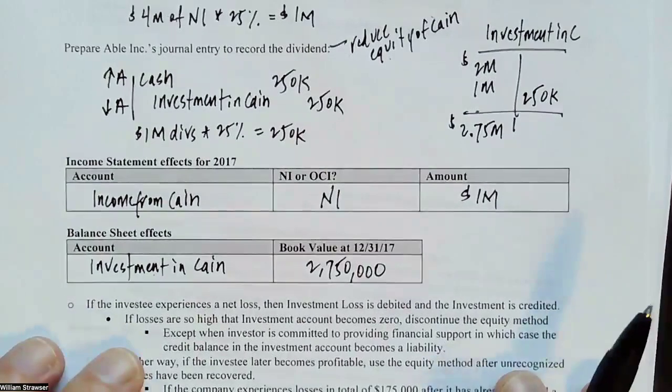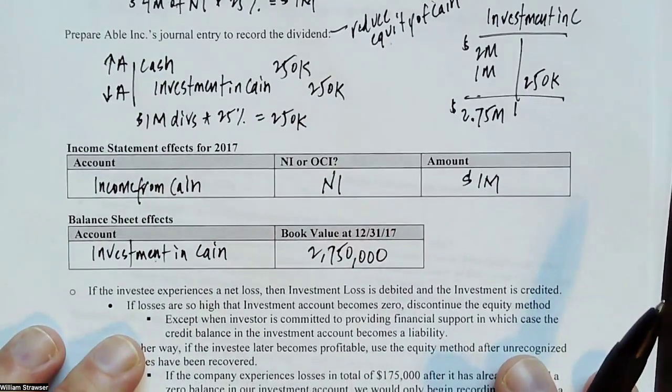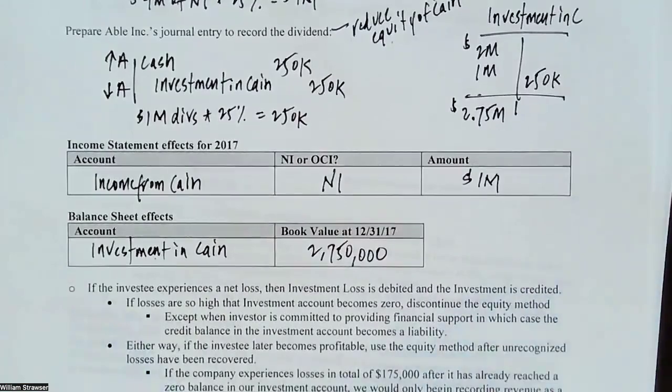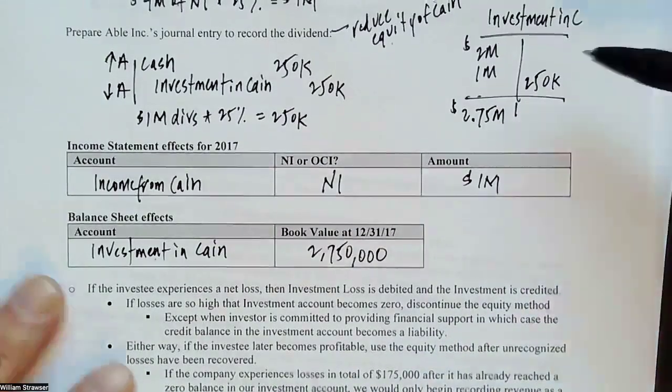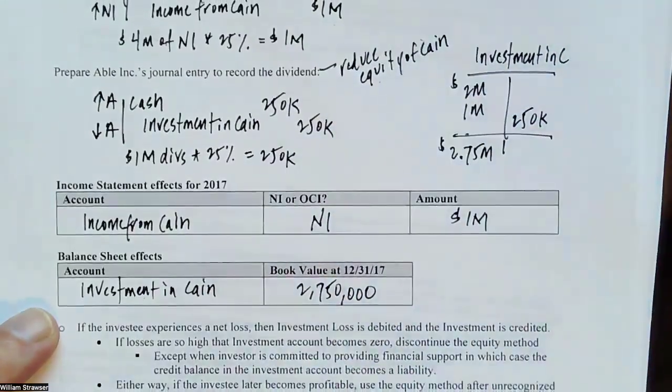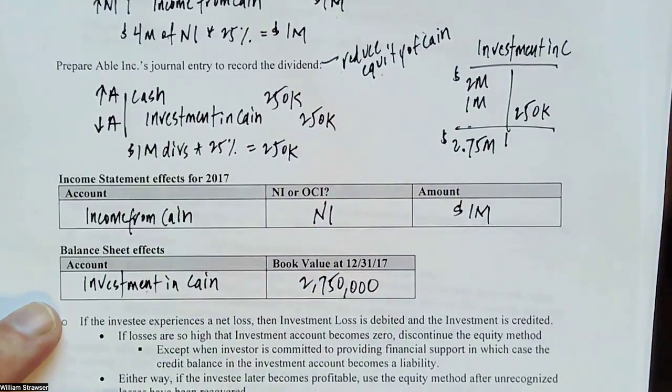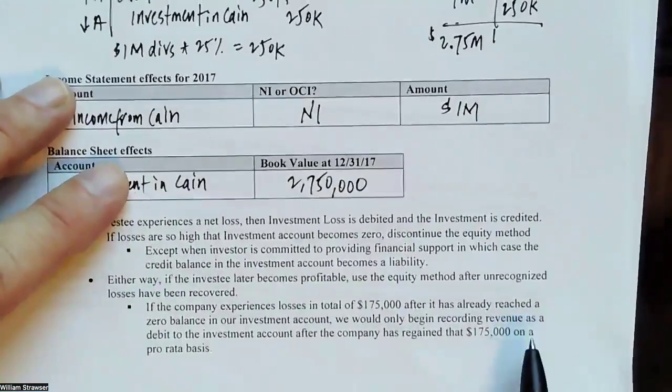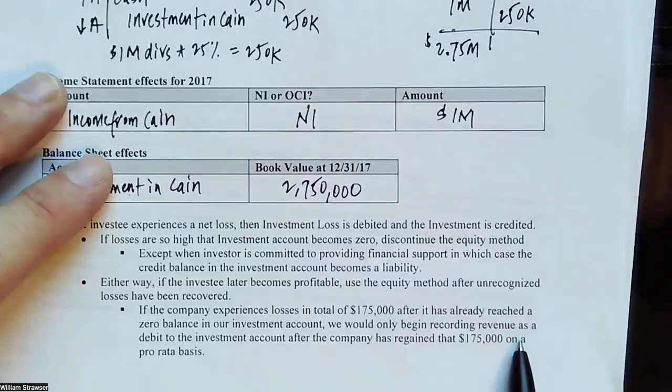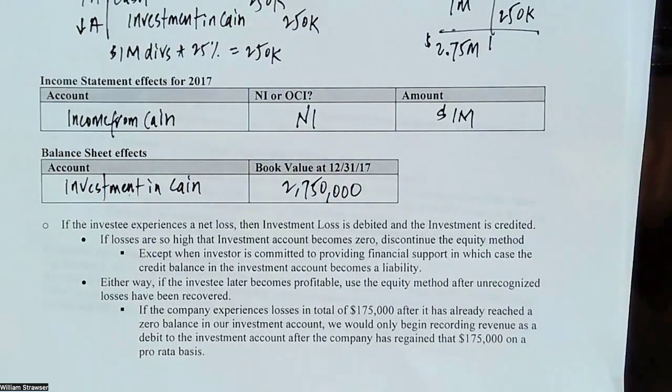So unless there's special contractual stipulations that say we're responsible for those, then we only allow this account to be zeroed, and then we stop recording any effects. We only resume recording effects after the company has earned back all of those losses over time. So we do need to track it. We just don't make an accounting record for it.